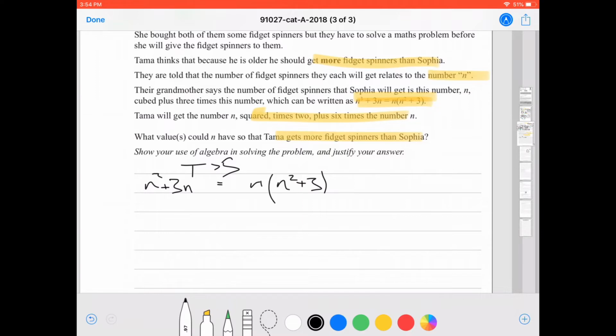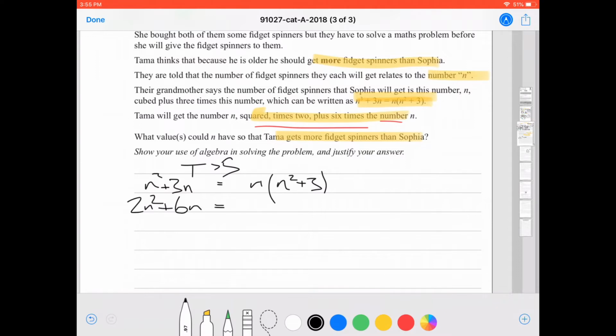Now for Tama, it says he'll get this number n squared times 2 plus 6 times the number n. So for Tama, it's 2n squared plus 6 times the number n, so 6n.